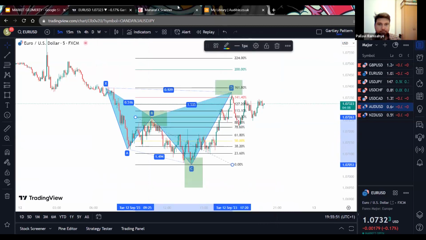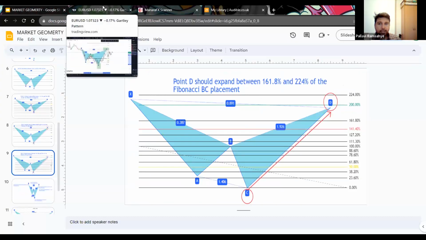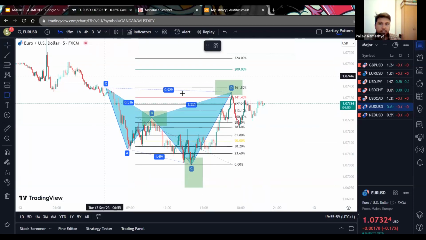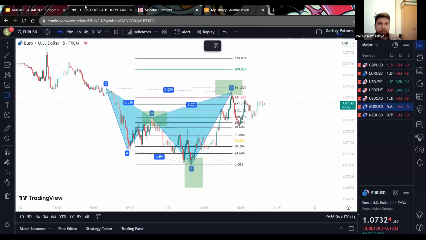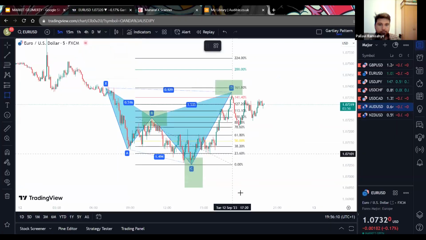Perfect. And then the zone is 161.8% and 224%. So this is the zone. Have a look. So I need to adjust that.